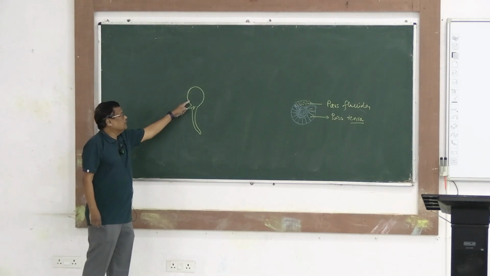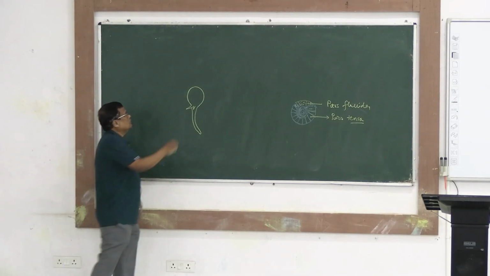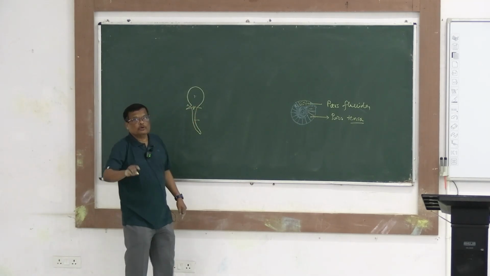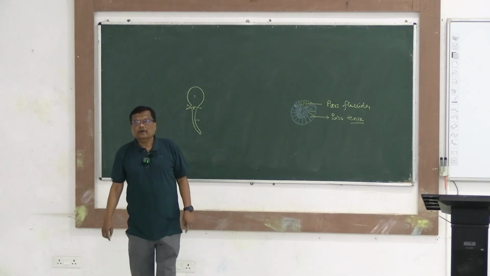Malleus looks like that. It has a head and three processes: lateral process, anterior process and handle of the Malleus. It is also a process, right?